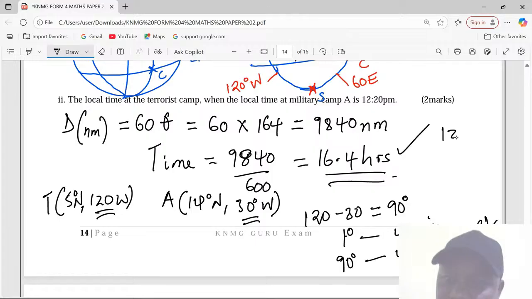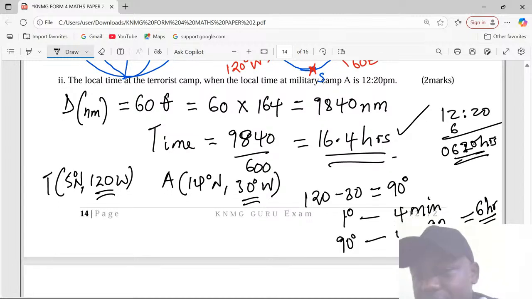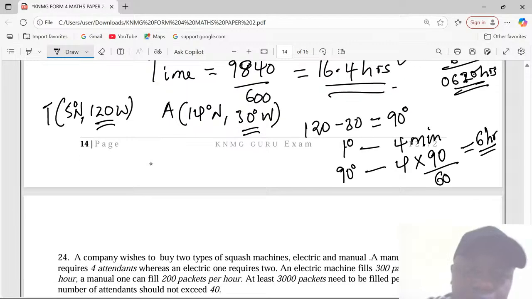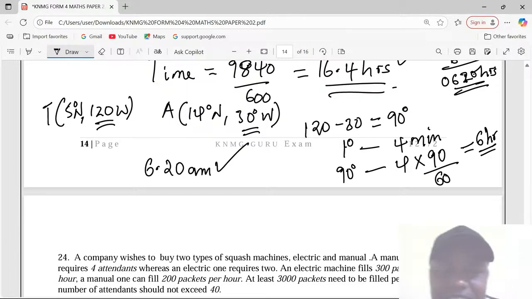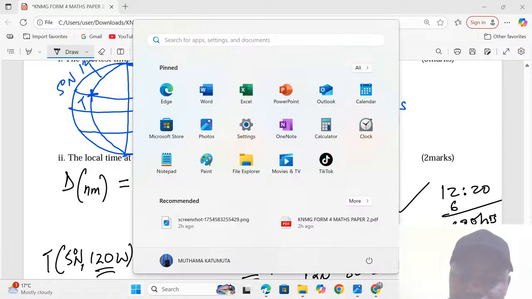So we take 12:20, we subtract 6 hours, and get 0620 hours, or 6:20 AM the same day.